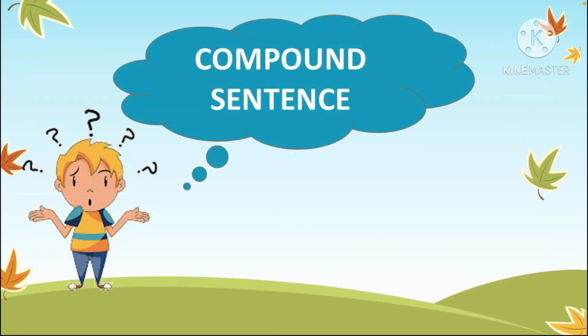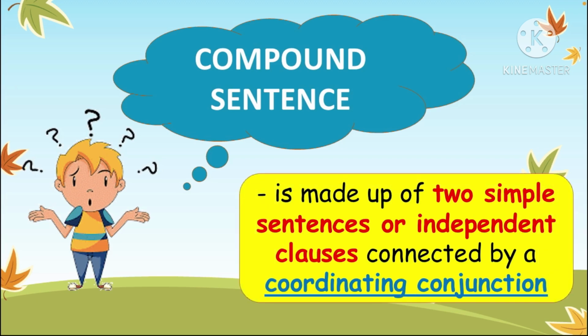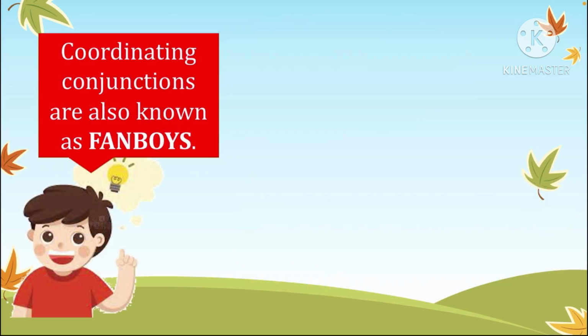So what do we mean when we say compound sentence? A compound sentence is made up of two simple sentences or independent clauses connected by a coordinating conjunction. We have what we call the FANBOYS. So these coordinating conjunctions are also known as FANBOYS.